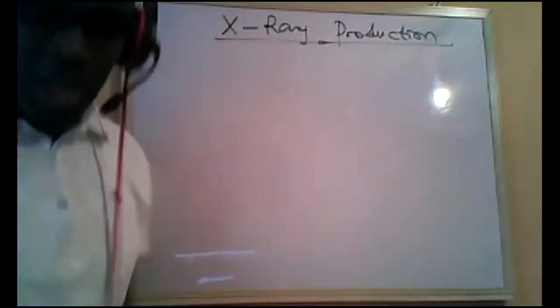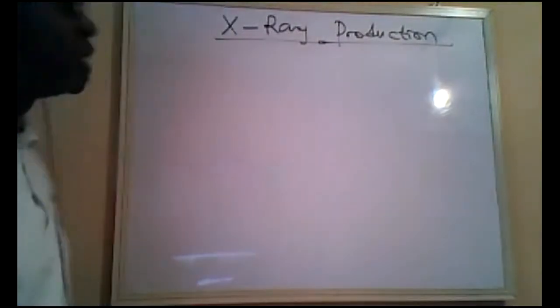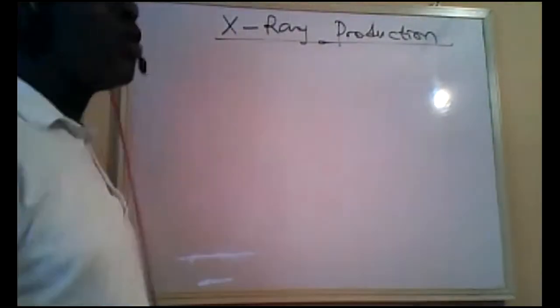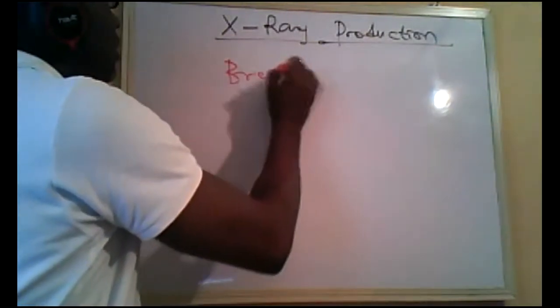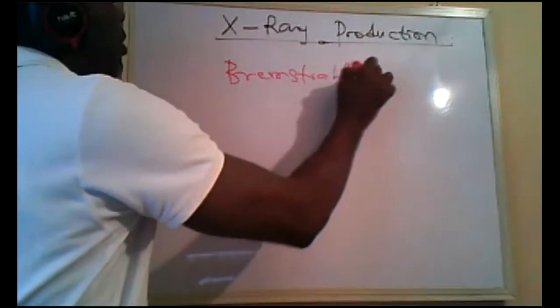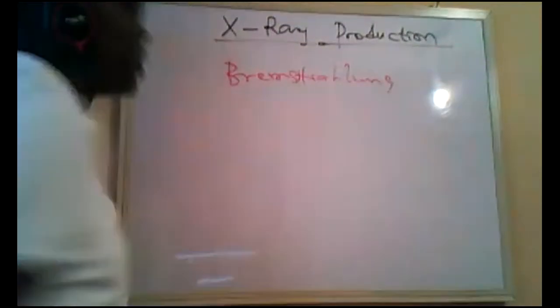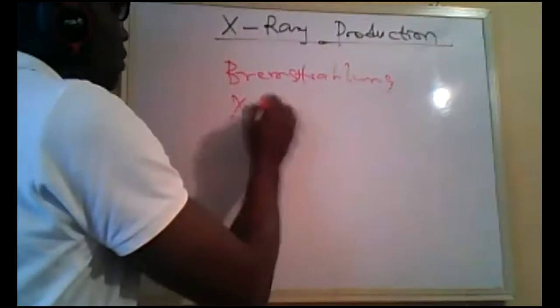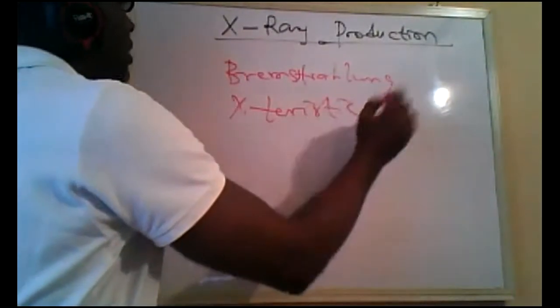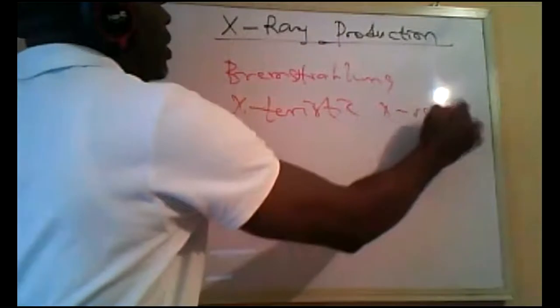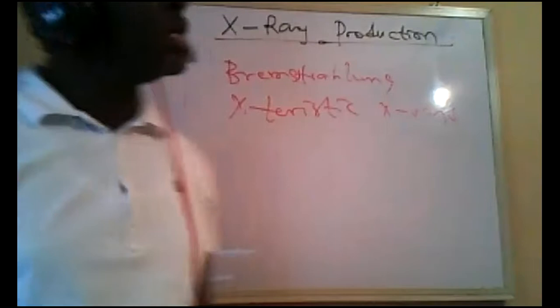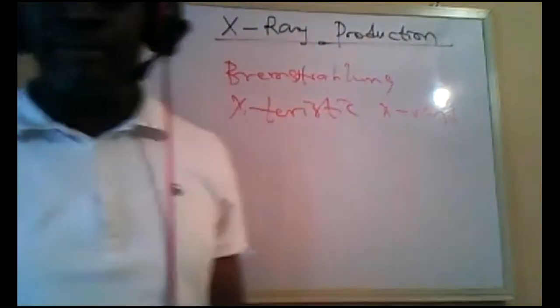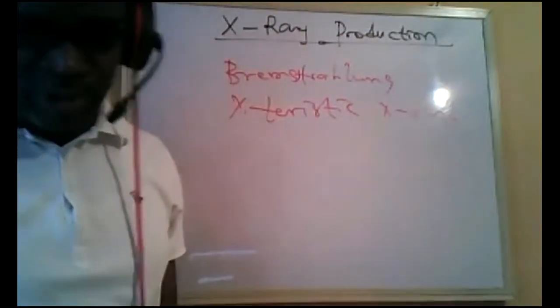So I want to look at X-ray production. Before now, we have seen, or we know to an extent, what Bremsstrahlung is, and then we also talked about characteristic X-rays. These two basically form the X-rays we use in X-ray radiography.